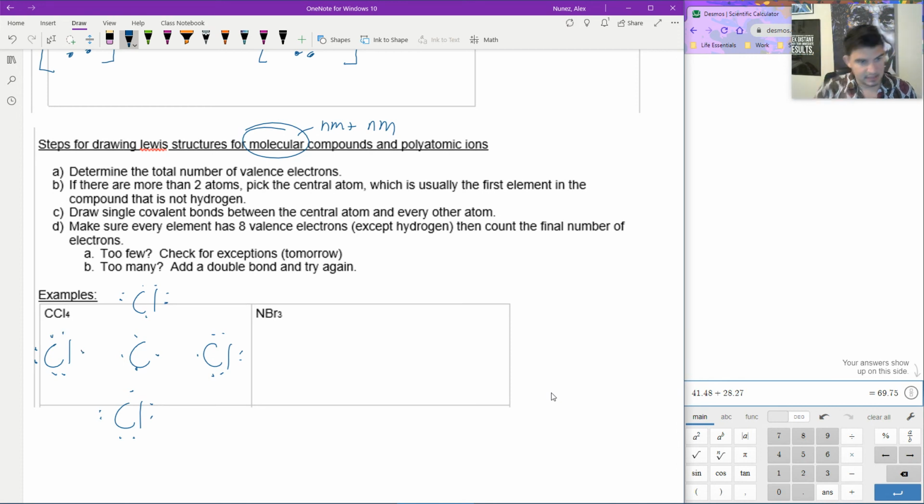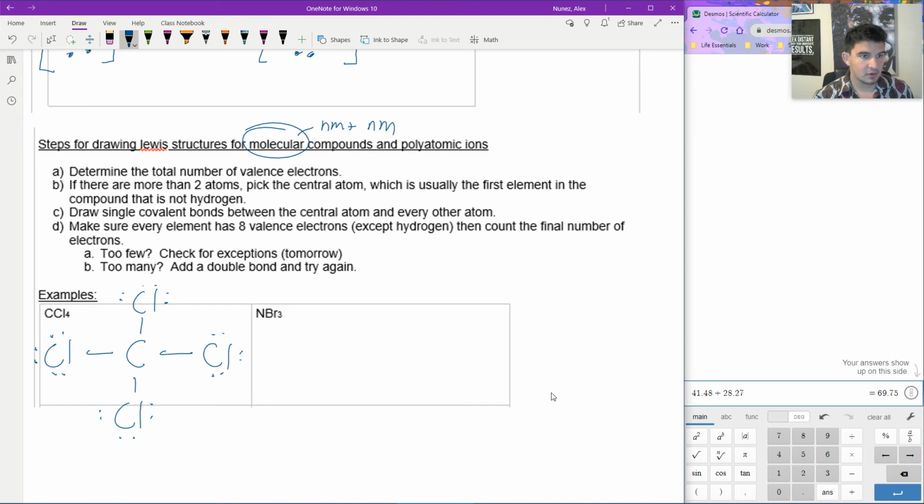And what I see is that I can form bonds between all of my chlorines and my carbon. And if I do that, we just need to confirm that each of them have 8 valence electrons. Each line represents 2. So each chlorine has 2, 4, 6, and then this line counts as 8. And that's true for all of my chlorines, whereas carbon here in the middle has 2, 4, 6, 8.